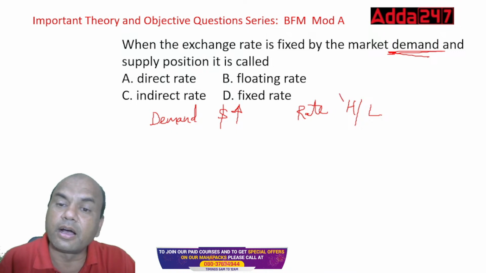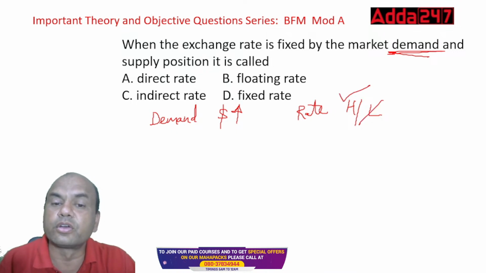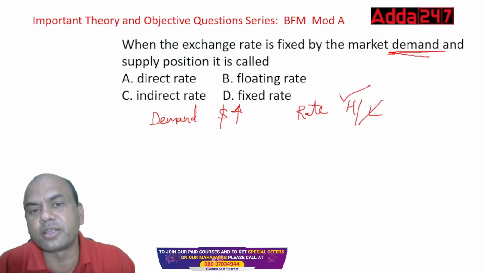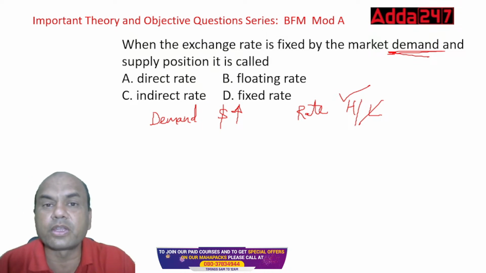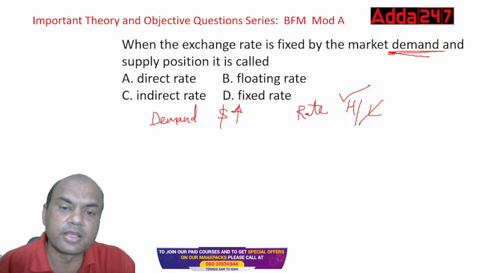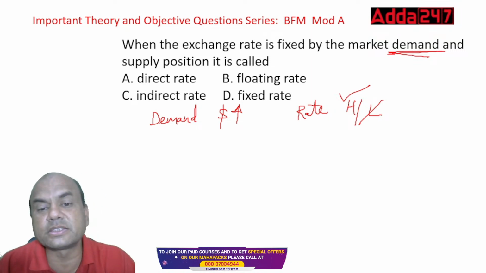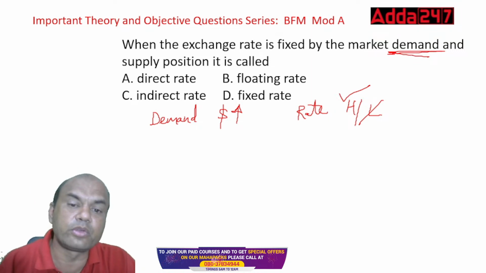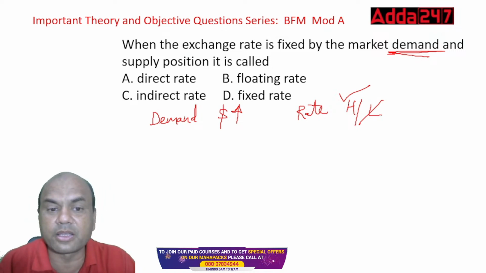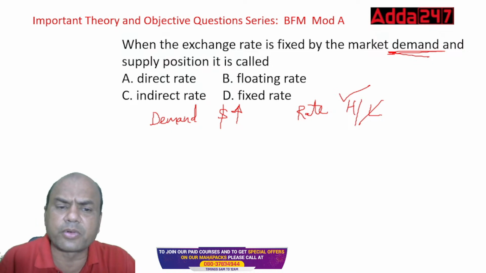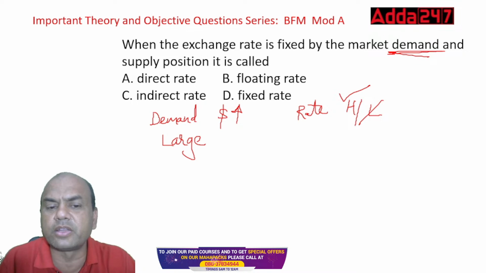It is high, correct? See, our logic is very simple. If the demand for any commodity is high, the rate for that commodity will go up. This happens when you have huge fund flows coming in. Suppose in India a large amount of dollars is coming in, everyone is investing dollars.